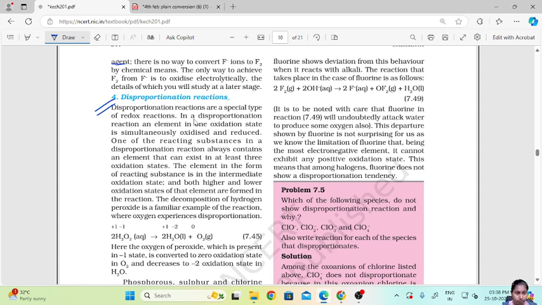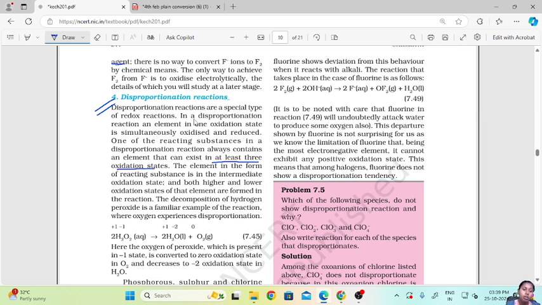One of the reacting substances in a disproportionation reaction always contains an element that can exist in at least 3 oxidation states. So in this reaction, you have to use an element which can exist in at least 3 oxidation states.